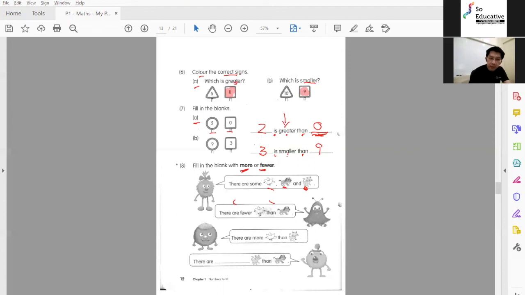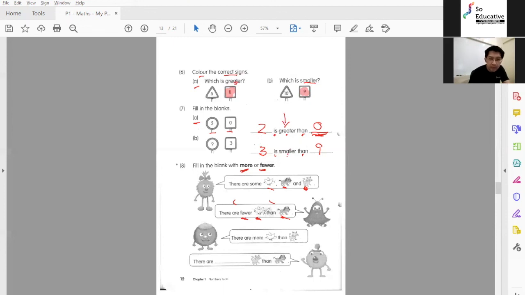There are fewer birds than dogs. Okay. So, fewer birds than dogs. That means there are more dogs than the birds.